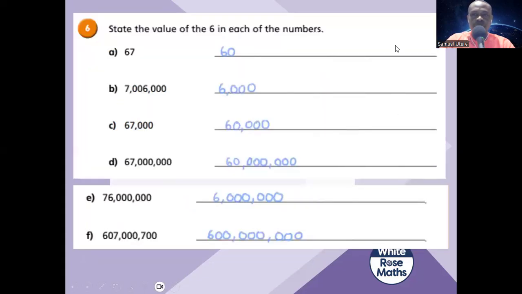You are asked to state the value of the 6 in each of the numbers. And here they are. So 67 is 6 tenths. Okay. Then 6 is 6 thousandths. So on and so forth.